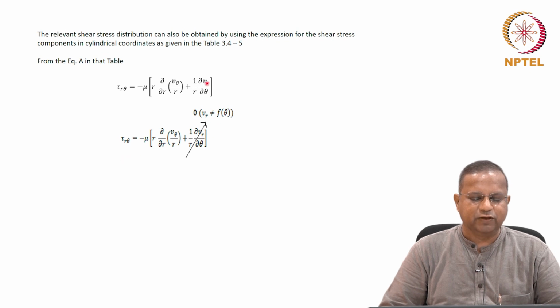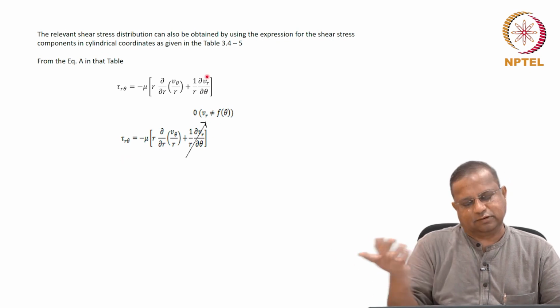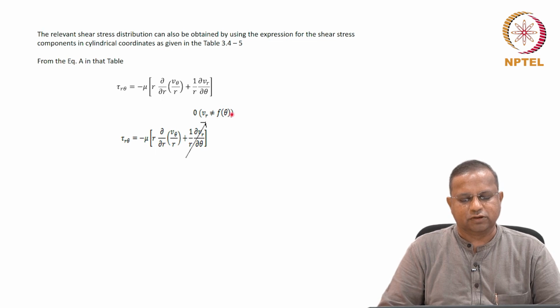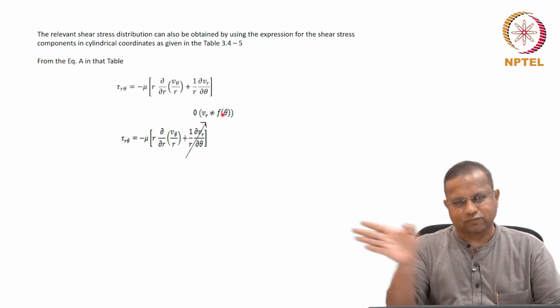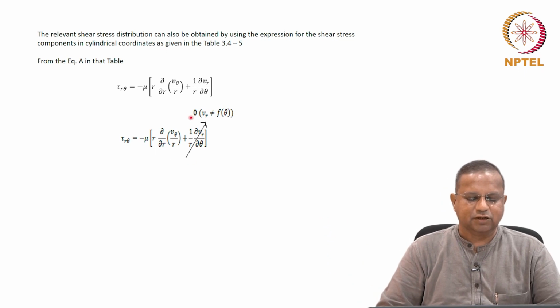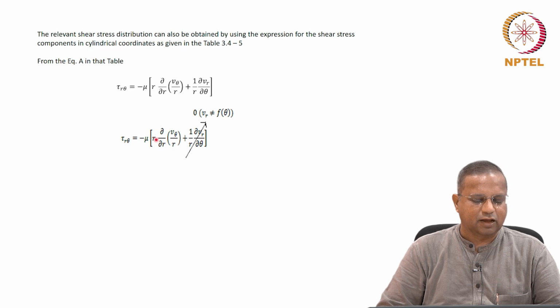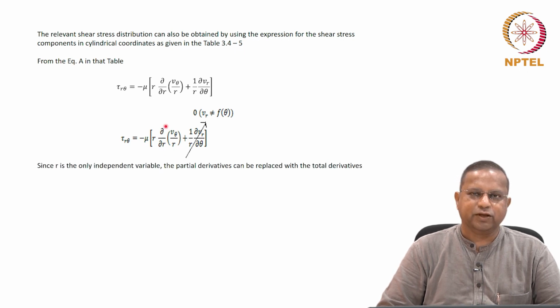And since V r is 0, there is no velocity in the radial direction. Therefore, this goes to 0. This is the only term that remains, r dou dou r v theta by r. And since r is the only variable here, we can replace the partials with the total derivative.